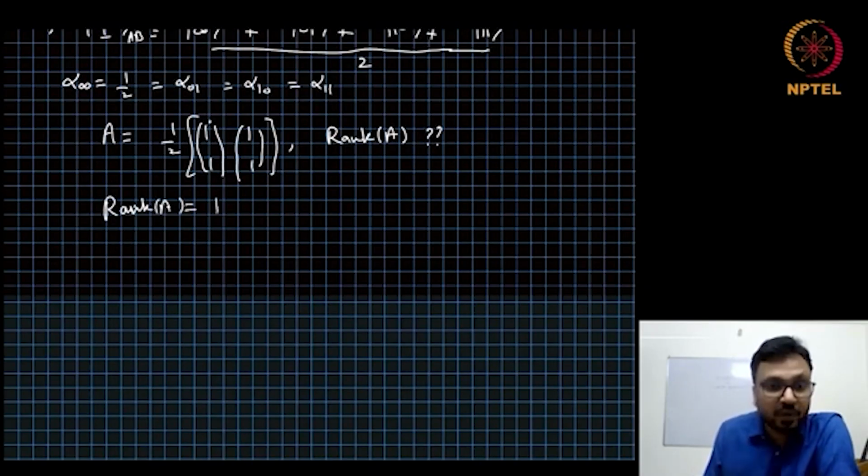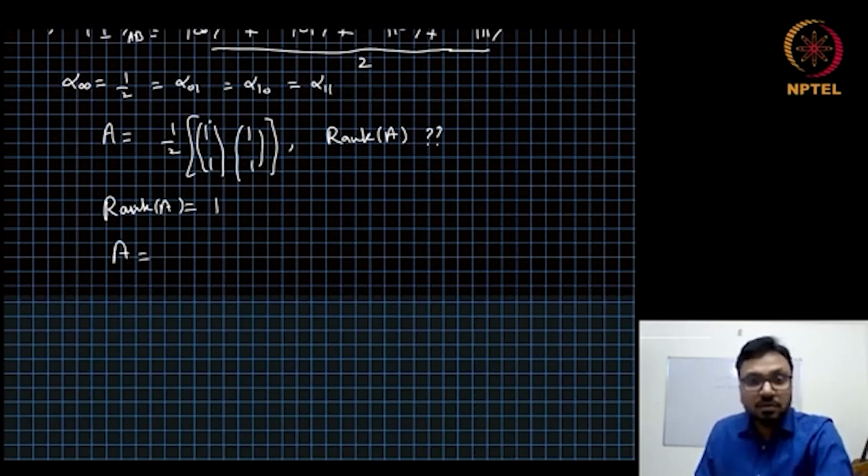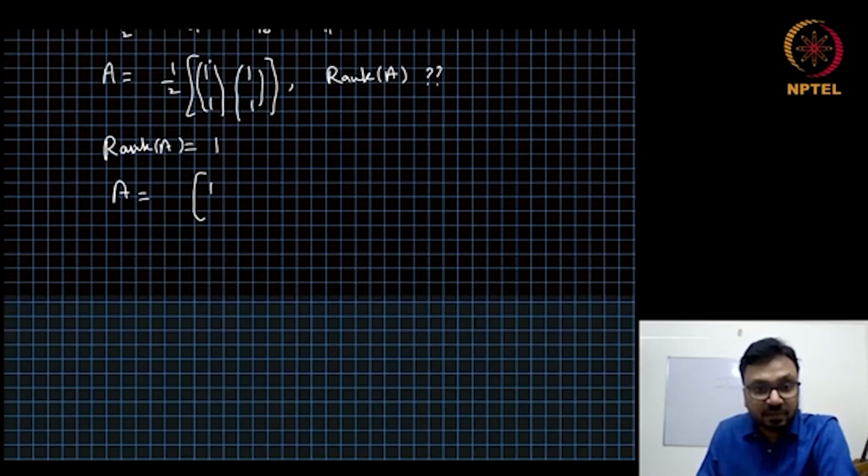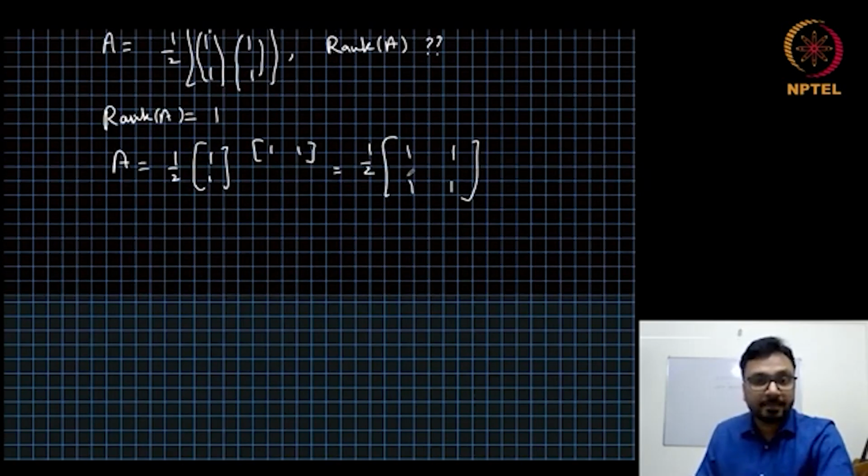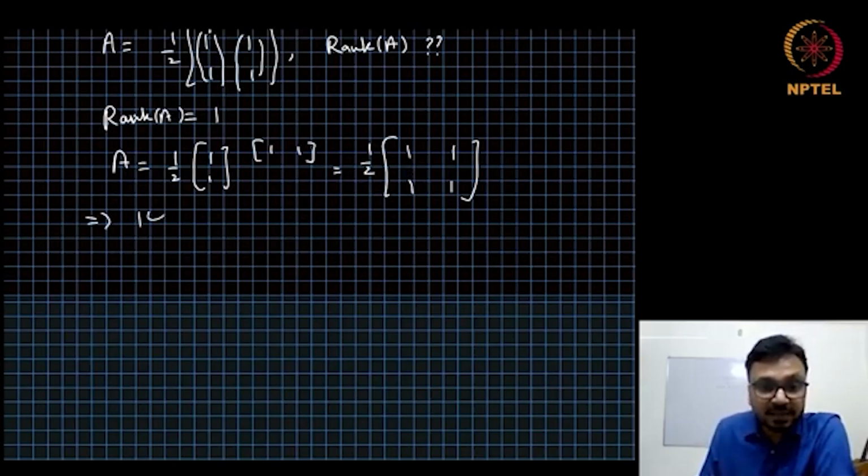A is 1. In fact, if you see, this A can be written as a vector 1, 1 times, this is the ket vector, this is the bra vector, and there is a factor 1 over 2 outside. So this can be calculated to be 1, 1, 1, 1. Okay, so the rank of matrix A is 1. This implies that the state psi is a product state.